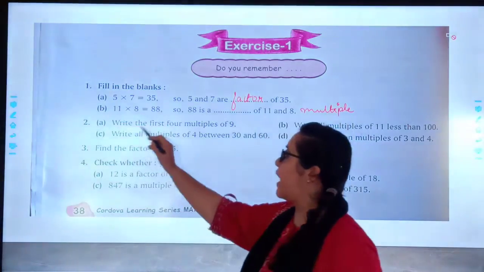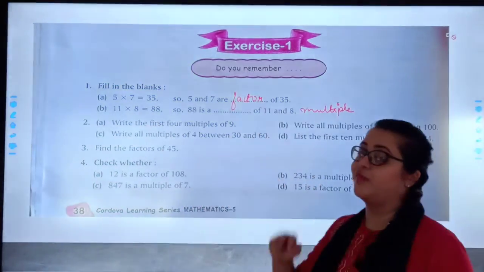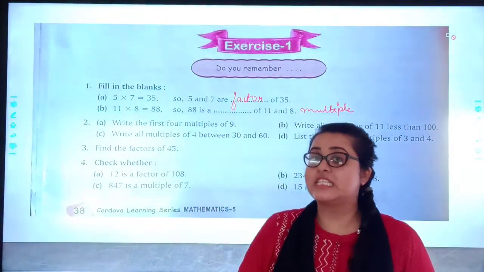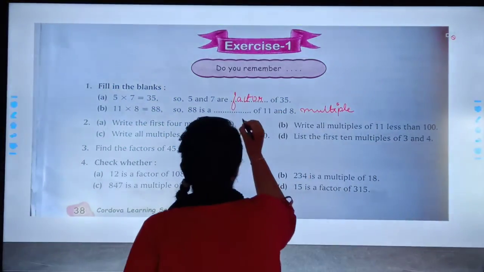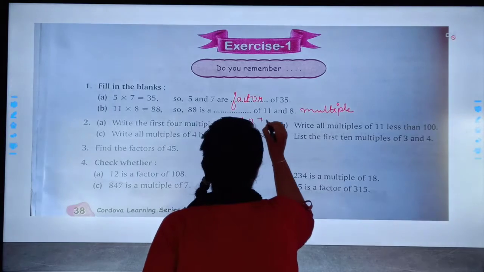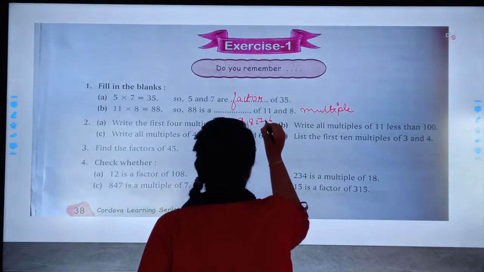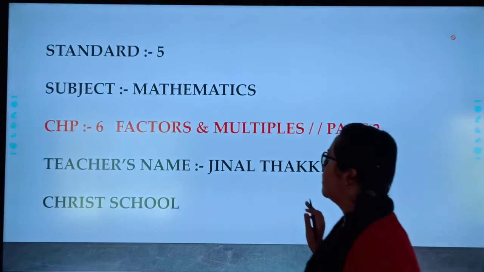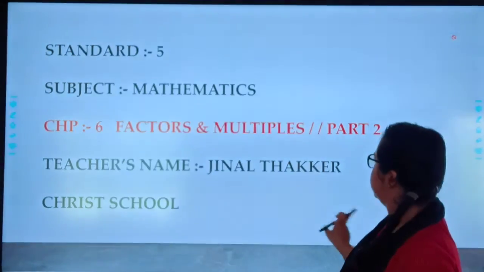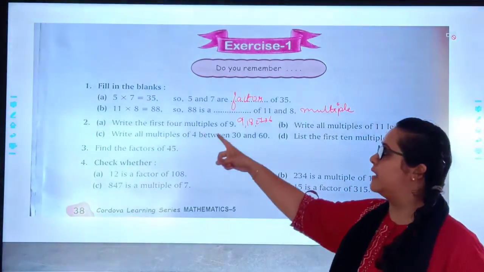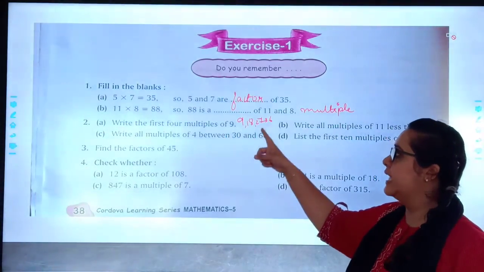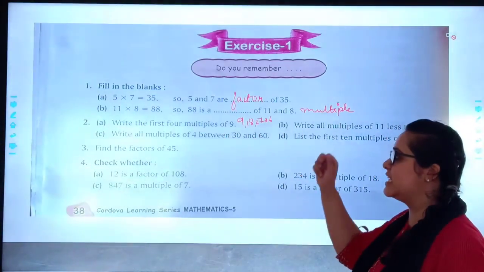A. Write the first 4 multiples of 9. That means you have to write the table of 9. Here it is. The first 4 multiples of 9 are 9, 18, 27 and 36.